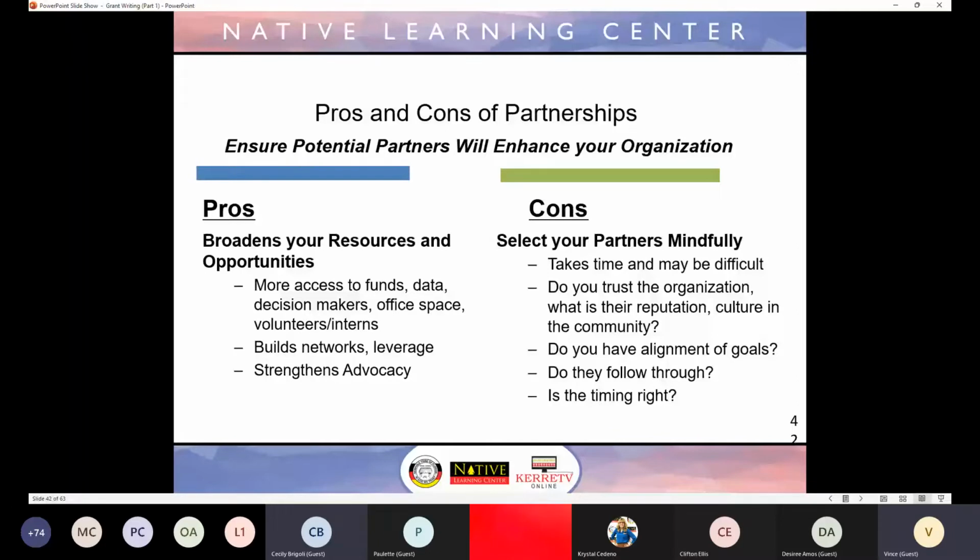That's the ultimate idea: to take these partnerships, these memorandums of understanding, even though they might be difficult to create, create them where you can and use them as leverage.